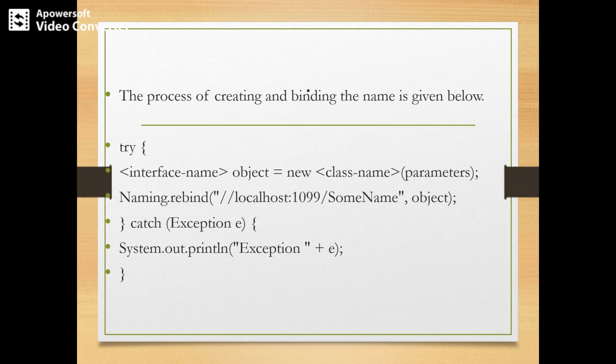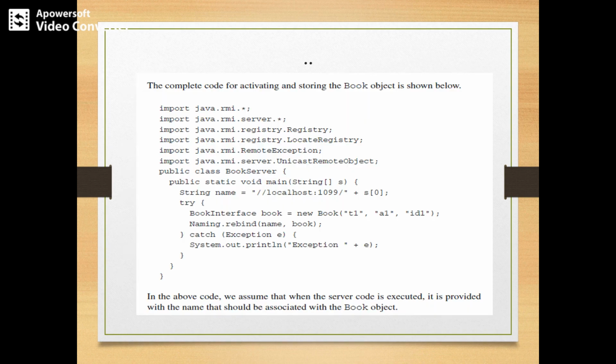The exception could be any, because we had taken three exceptions; in case of any exception, whatever it is, it should come to this. Now this is the complete code of activating and storing the book object, which we are going to create, that is the class book object or server.